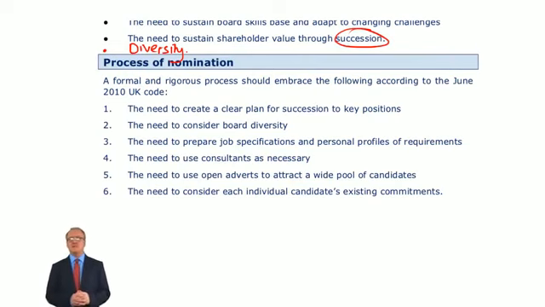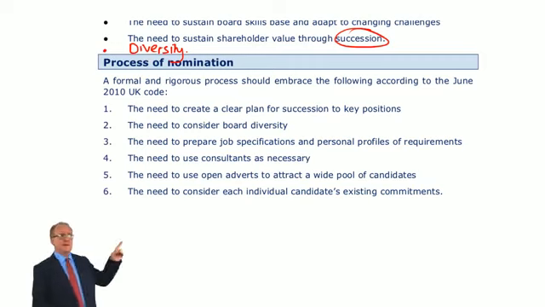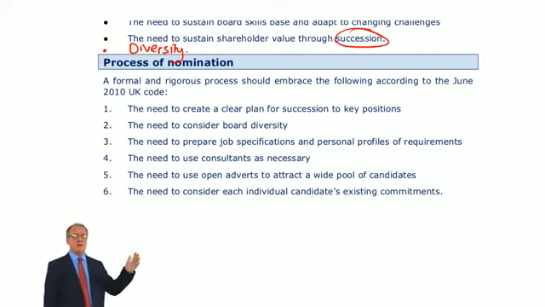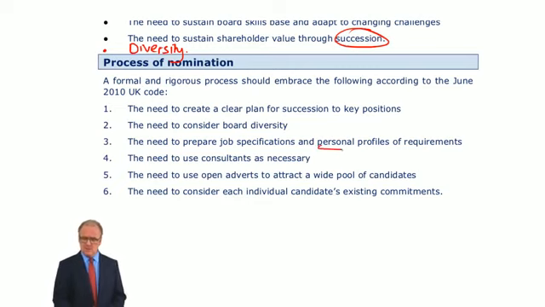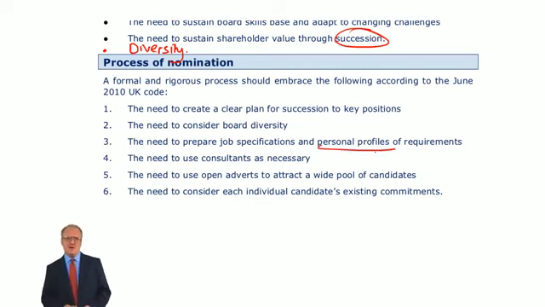When a nomination committee needs to find a new director, they need to have a process. Now you'll notice here up on the screen, it starts to mention succession again, diversity comes up. And then once you know the sort of person you need and when you need them, you create a personal profile, a sort of CV without a name on it.